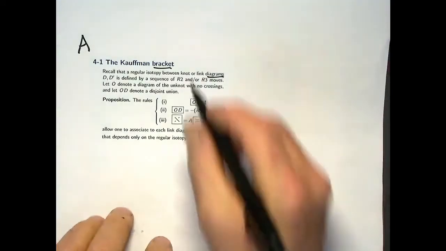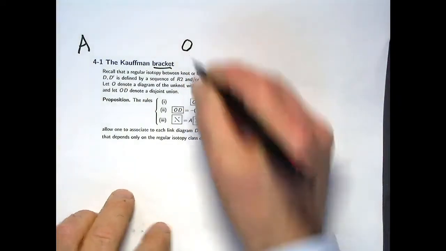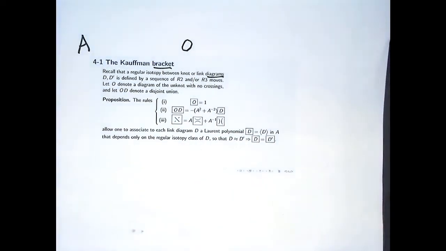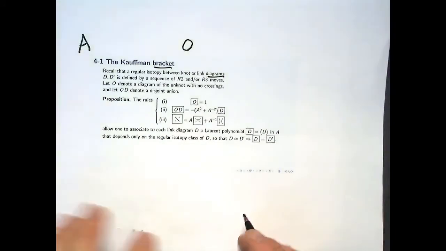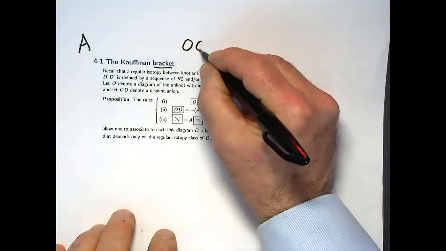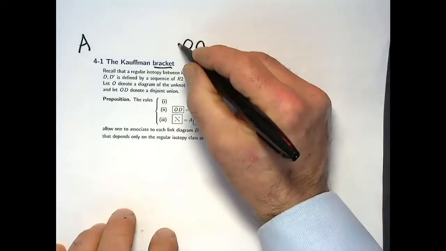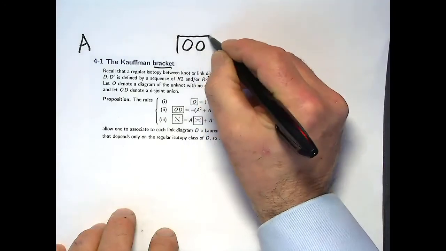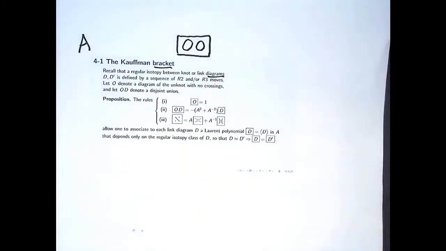So let me just write down first of all an example. If I take two unknots, so when I say unknot, I mainly mean the unknot diagrams. I really mean something that's topologically a circle, homeomorphic to a circle in the plane, no crossings. If I take two such circles and I compute their Kauffman bracket, my notation for the polynomial associated to a diagram is a box around it.